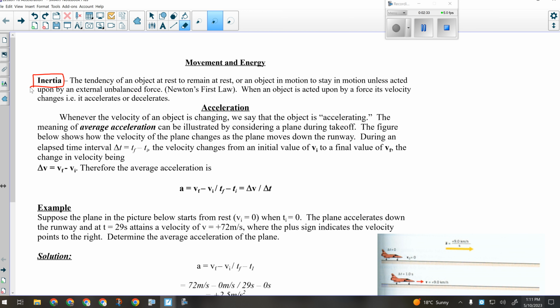An acceleration is any change in velocity. So, definition of acceleration: whenever the velocity of an object is changing, that object is accelerating.